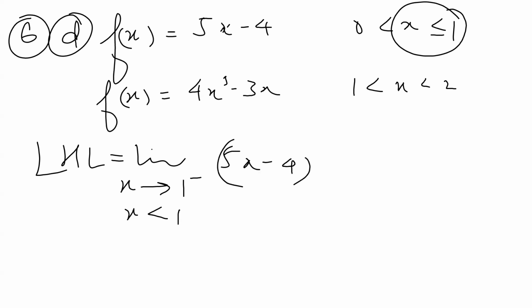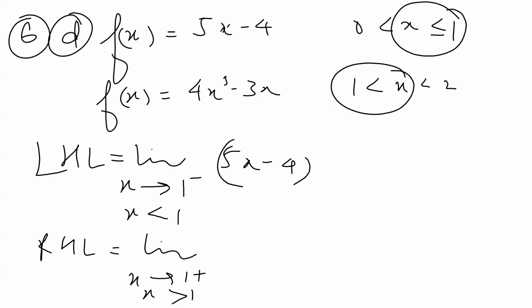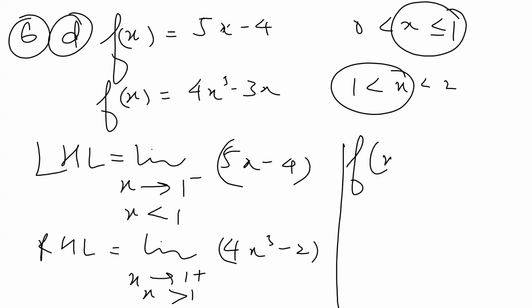Now you know the method. RHL, x approaches 1 plus, x is greater than 1. Now x greater than 1 is this function, 4x cube minus 2. And the third thing, f of 1, which is the first function itself, 5x minus 4.